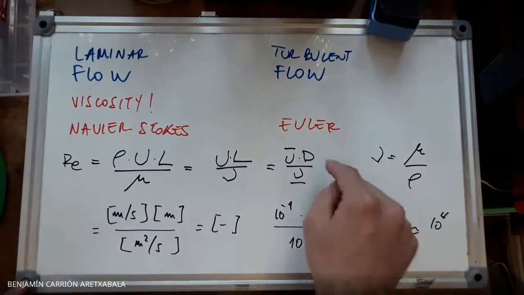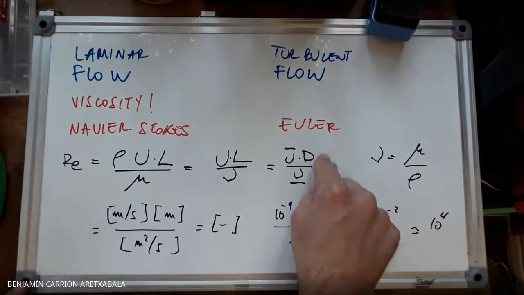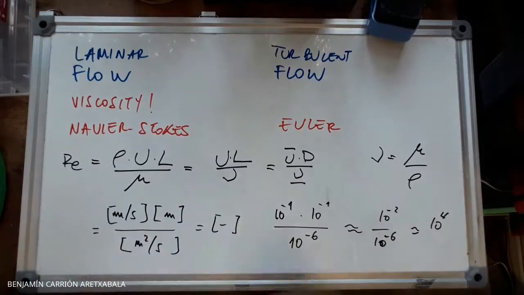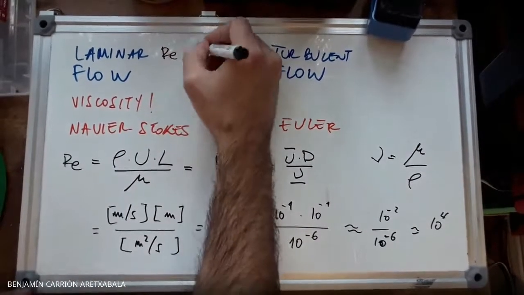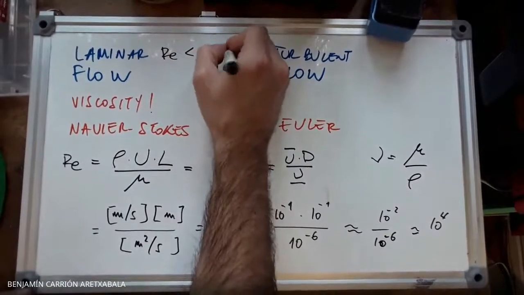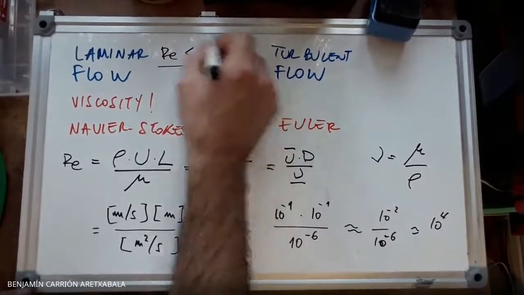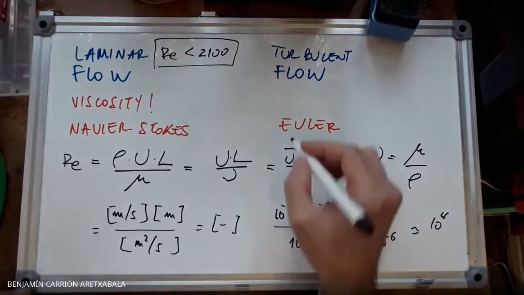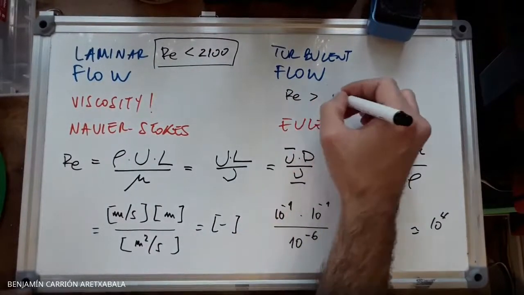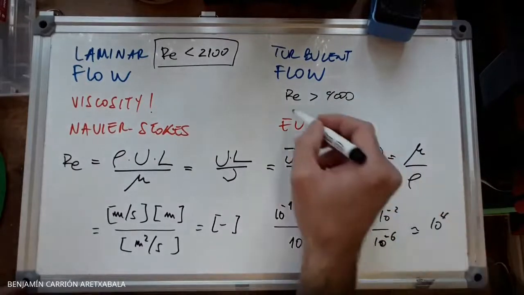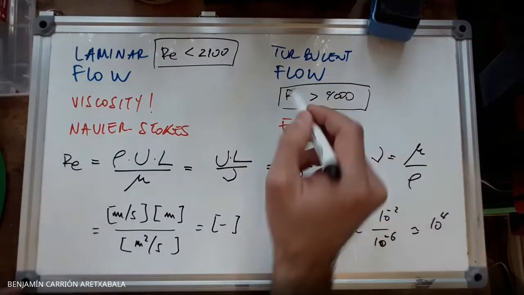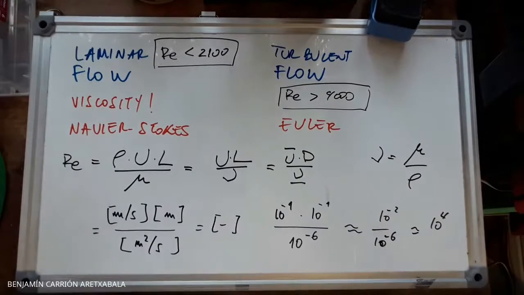On the other hand, if the velocity is very high, then the Reynolds number is going to be higher. Normally, laminar flow occurs for Reynolds number below, let's say, 2000, and turbulent flow occurs for flows over 4,000.